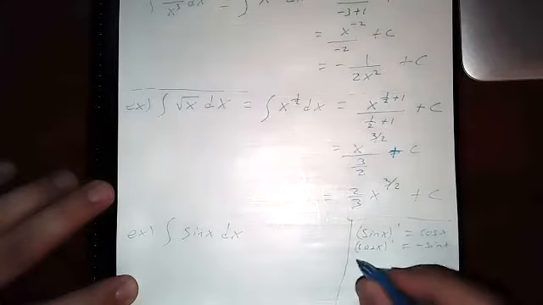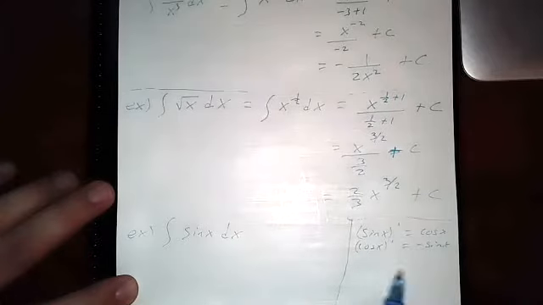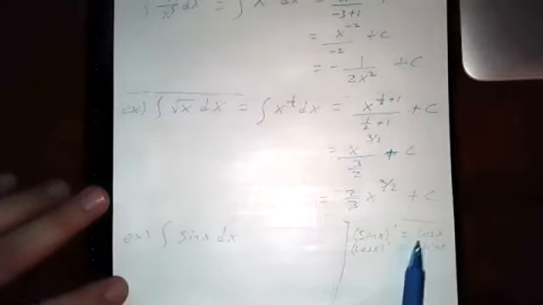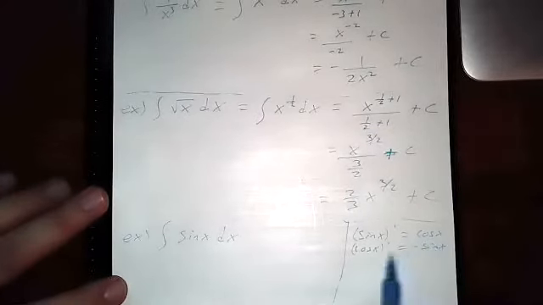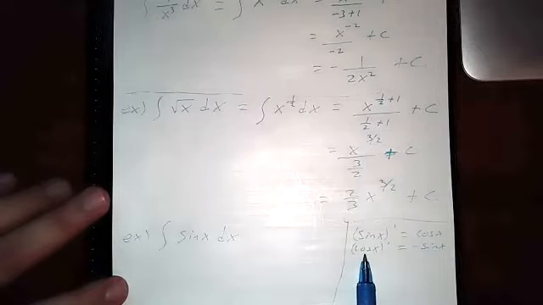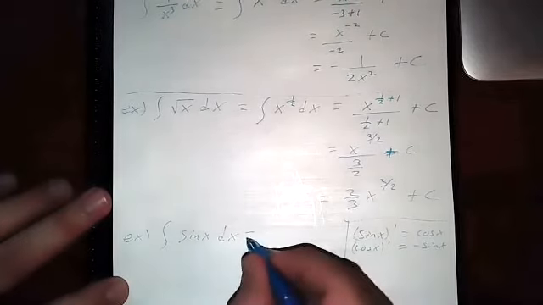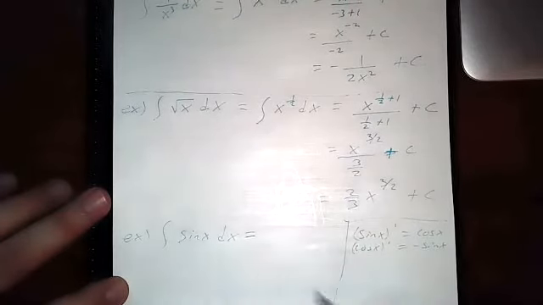Okay. So I have a sine, right? So taking the antiderivative, negative sine would take me to cosine, going the other direction. But I don't have a negative. So what do you expect the answer to be? A negative cosine.